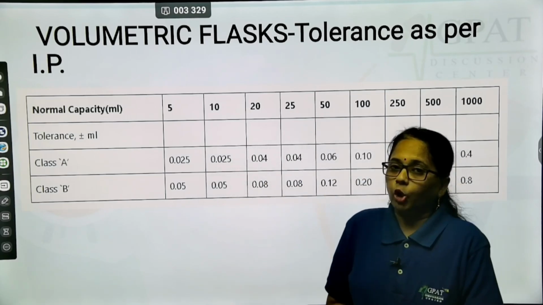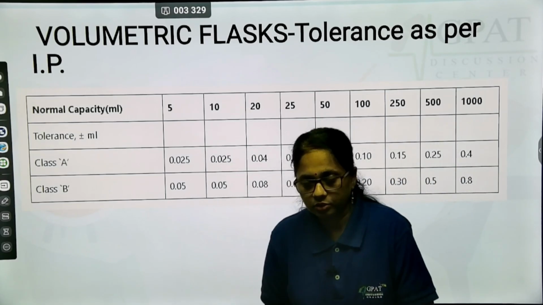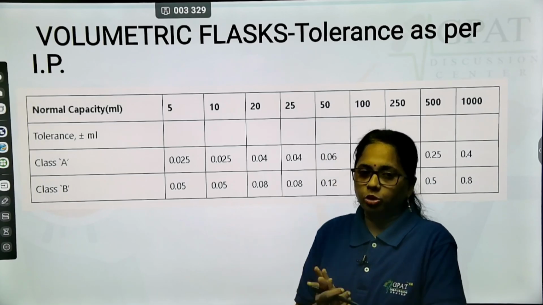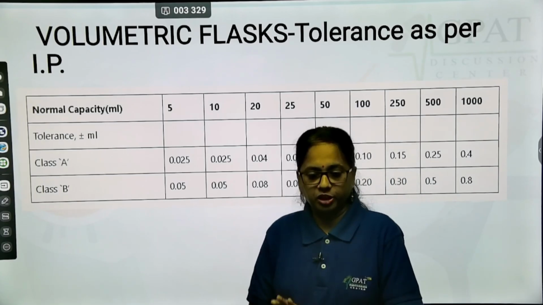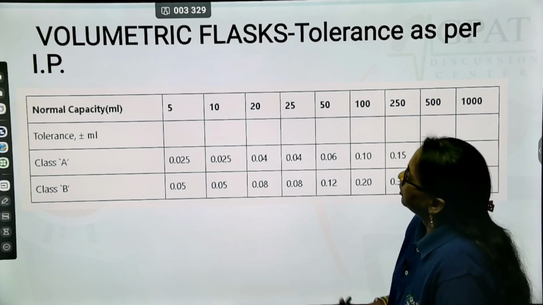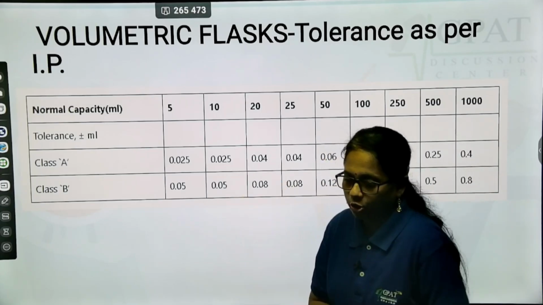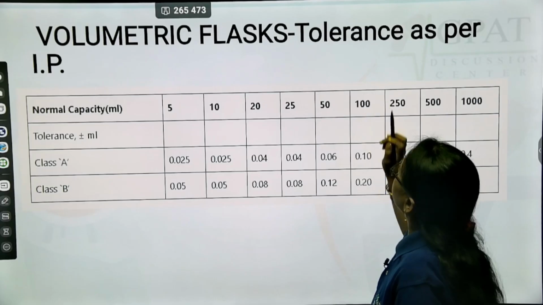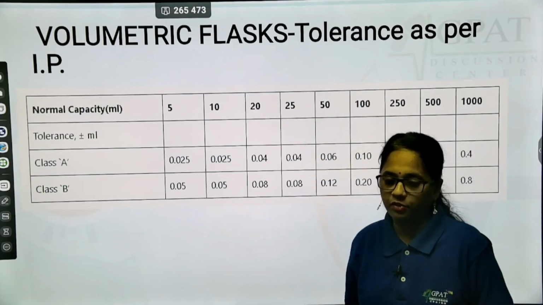So, if you are taking tolerance limits into consideration, according to Indian Pharmacopoeia, what are the tolerance limits? Let us see in our today's session. These are some of the tolerance limits for the volumetric flask as per the IP, Indian Pharmacopoeia.